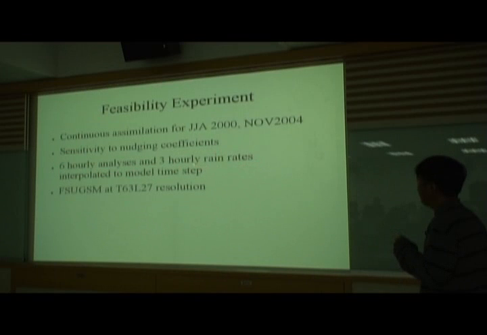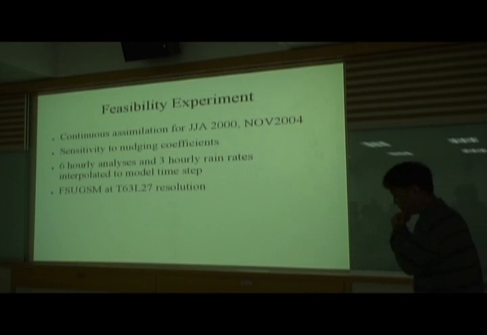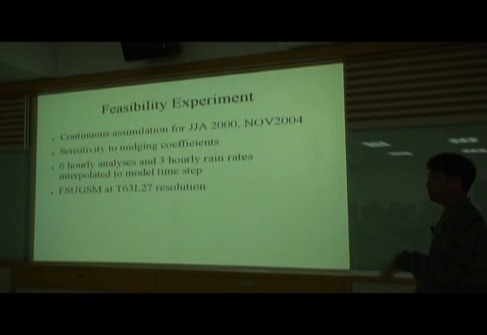The temporal frequency is important for rainfall assimilation because the diurnal cycle of convection is very important to estimate proper rainfall. So we are very lucky to have a 3-hourly TRMM rain rate estimate.